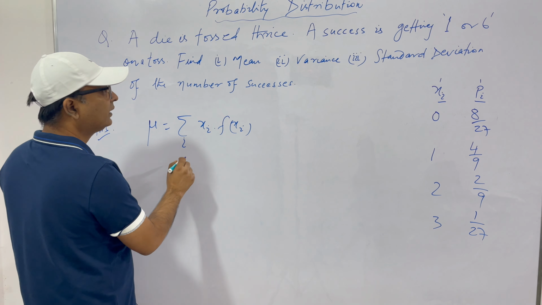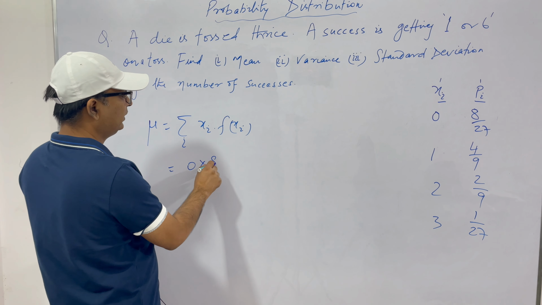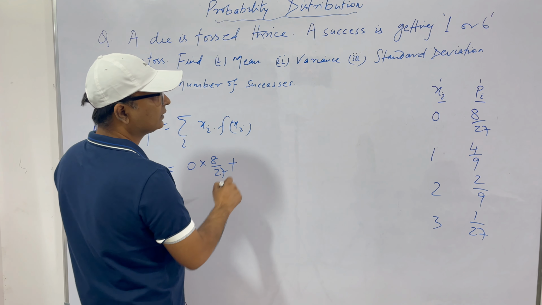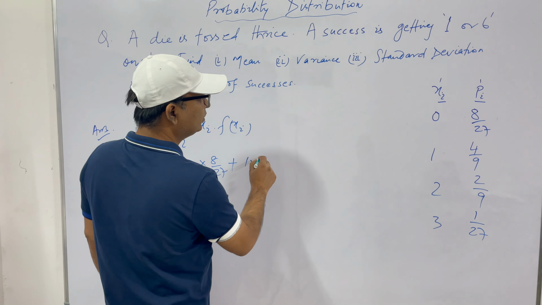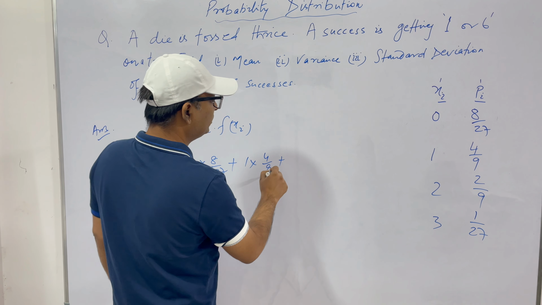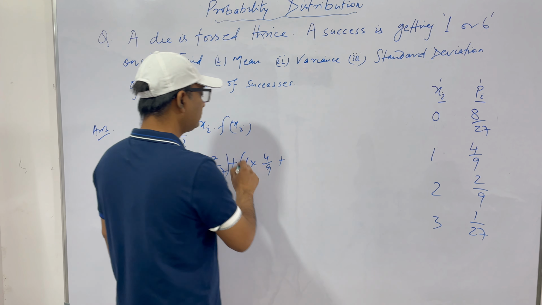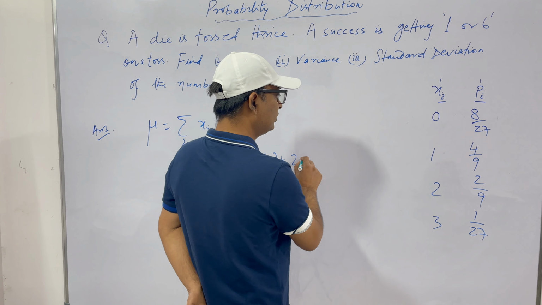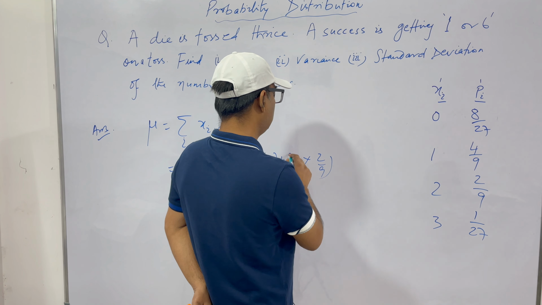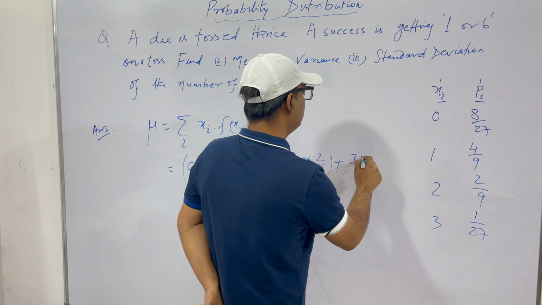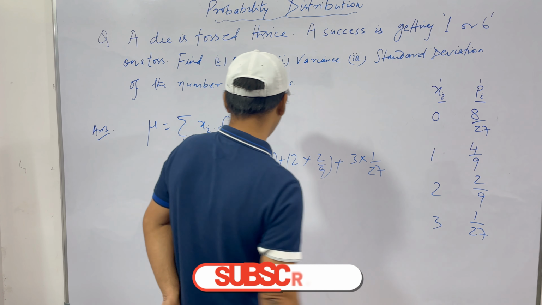So we'll do that. 0 into 8 by 27 plus 1 into 4 by 9 plus 2 into 2 by 9 plus 3 into 1 by 27.